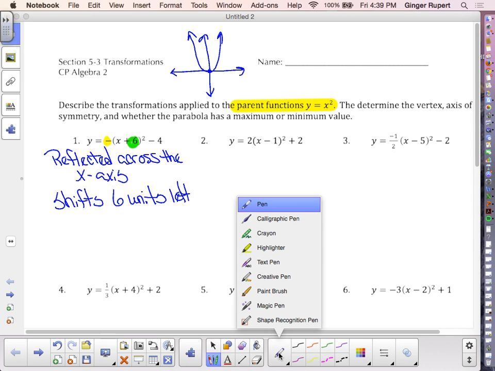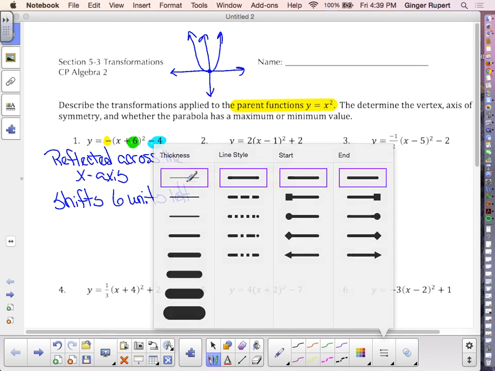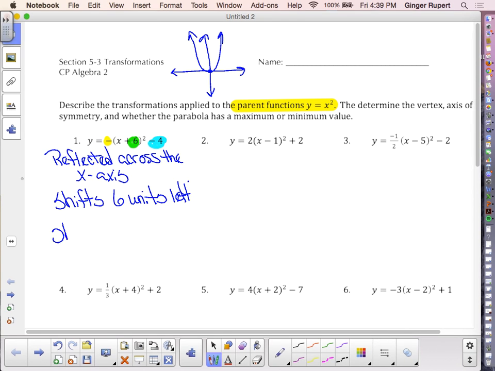And then finally, we have minus 4, which means this will be shifted down 4 units. So this shifts down 4 units.